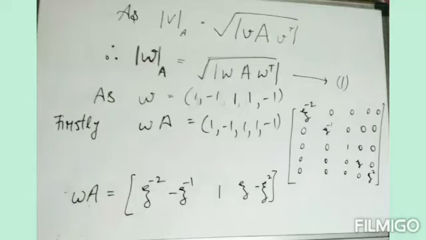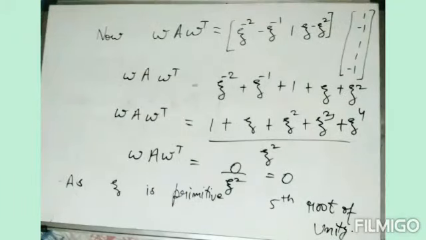Therefore, we get a 1 cross 5 matrix. Now we need to calculate w A w transpose, which is equal to wA into w transpose.